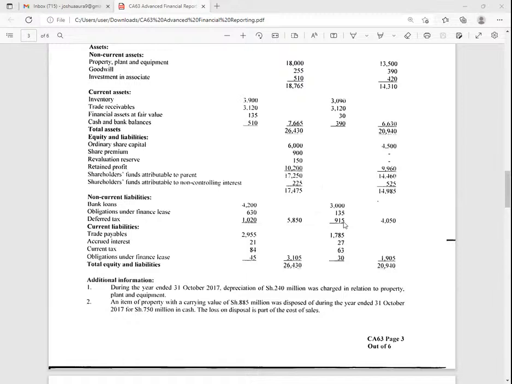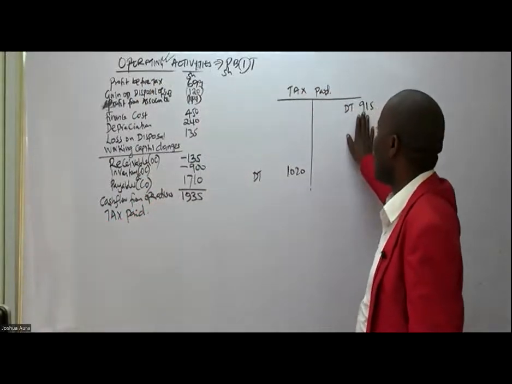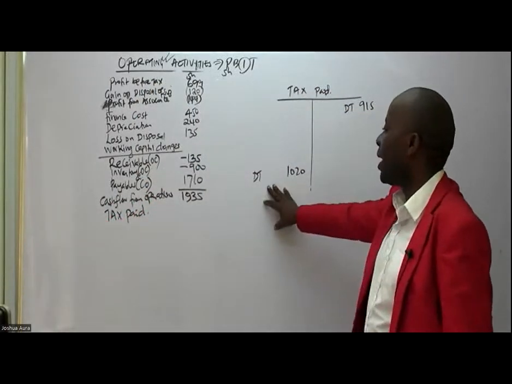And then deferred tax carried down for this year is 1020. So see what I've done: I've taken deferred tax brought down, and then deferred tax carried down.